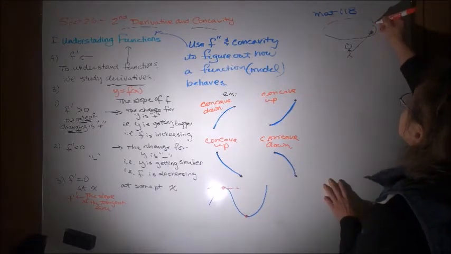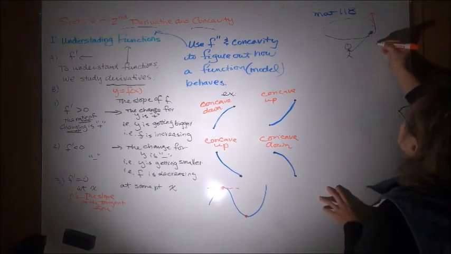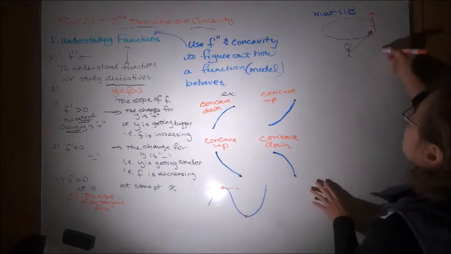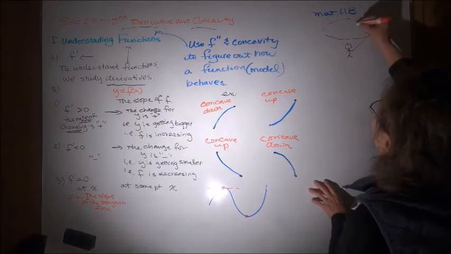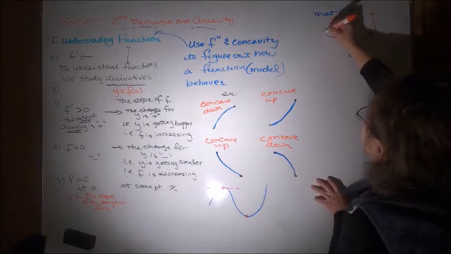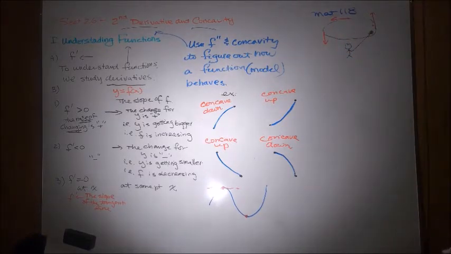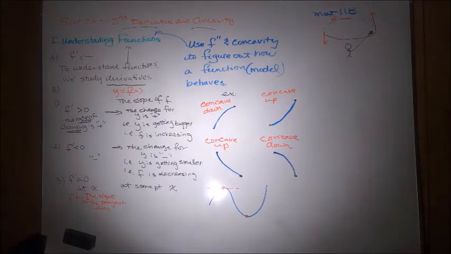If at this point you release the line, the rock will fly that way. If at this point you release the line, the rock will fly that way. Or at this point, it will fly that way. Those are the tangent lines you are looking at for a curve.